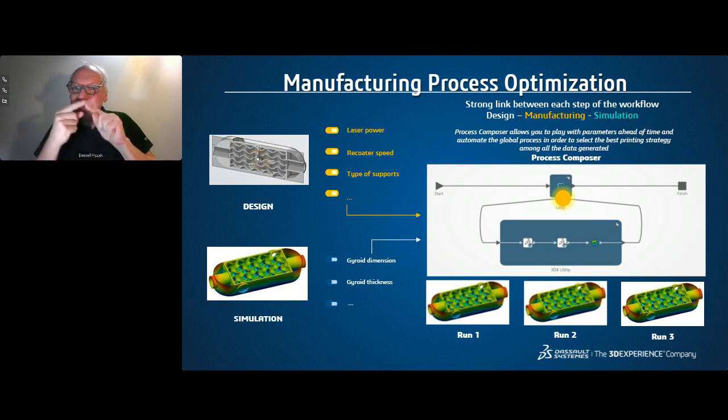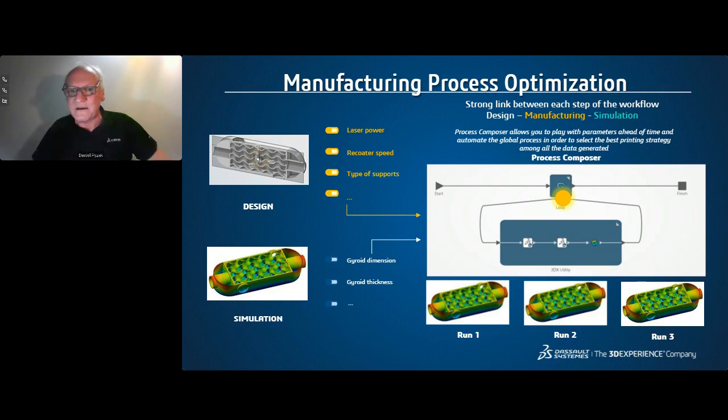This can be done by using the simulation prediction, or if you are not sure, if it's a new material, something new, you can scan the first printed part and import the scan data into here and use the scan data as if it were a result of prediction of deformation by simulation.